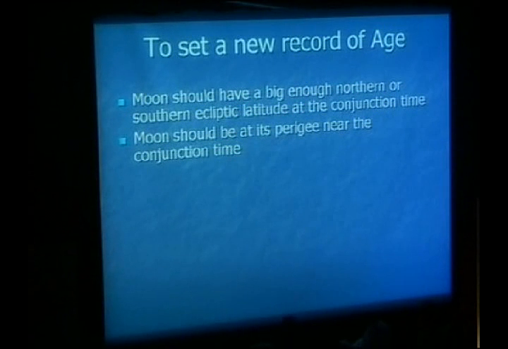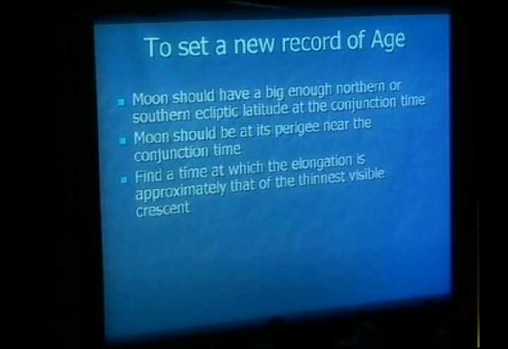So if someone wants to set a new record, it's better that the moon have a big enough northern or southern ecliptic latitude. The second criterion is that the moon should be at its perigee near the conjunction time. When the moon is at perigee, it seems bigger to us, and also the speed of the moon around the Earth is higher, so it will reach the Danjon limit sooner. Then the observer should find the time at which the elongation is approximately that of the thinnest visible crescent, maybe the Danjon limit.